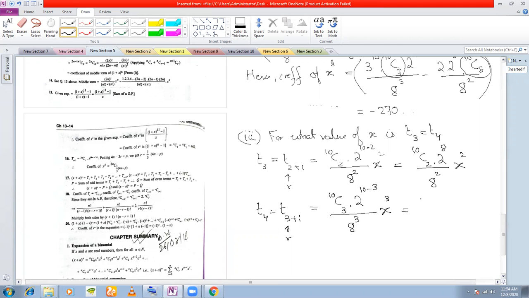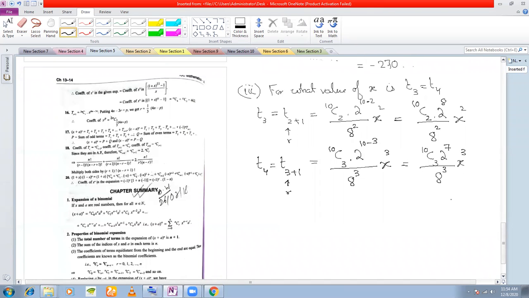So this is 10C3 into 2 to the power of 7 divided by 8 cube into x cube. Right? Now you need to find such a value of x for which T3 is equal to T4. So according to this problem, T3 is equal to T4. So now put the values and find out the value of x.